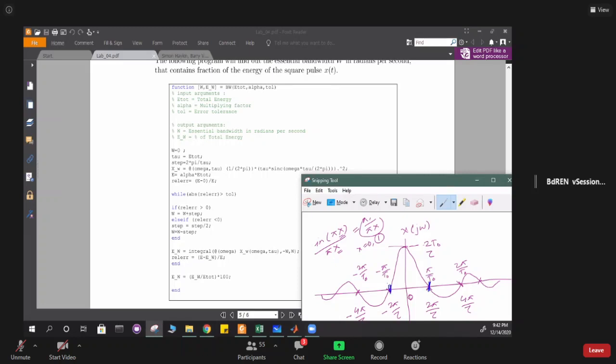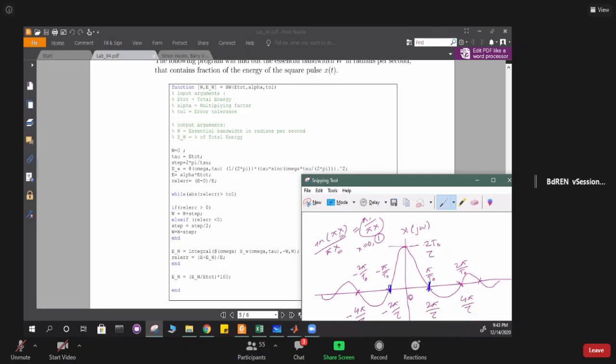Yes, sir. Now we are defining x omega as the equation was, and it is a function of omega and tau. This is the equation to calculate the energy without the integration part, isn't it? Yes, sir.